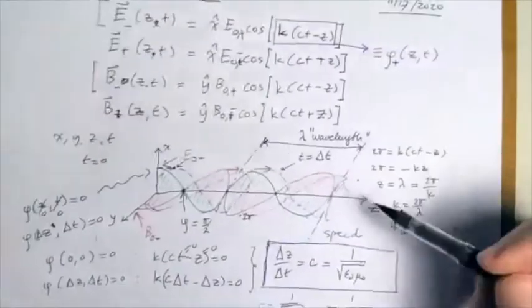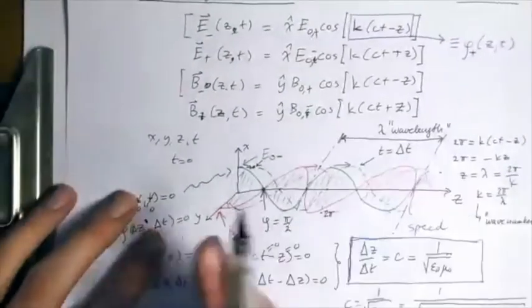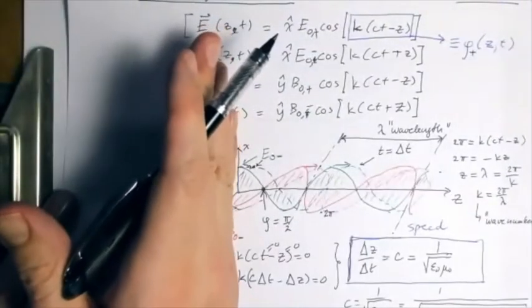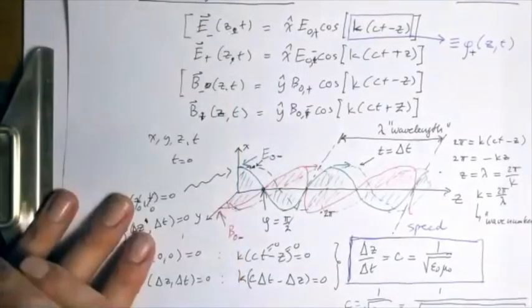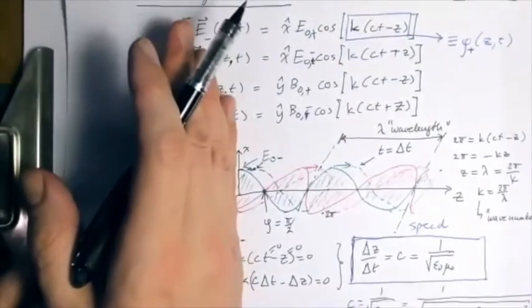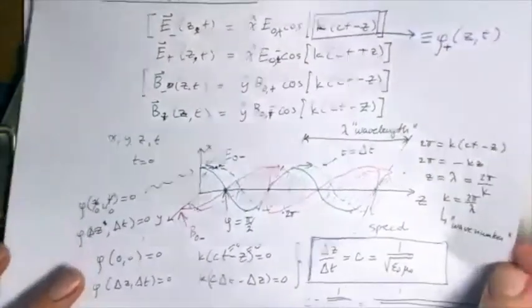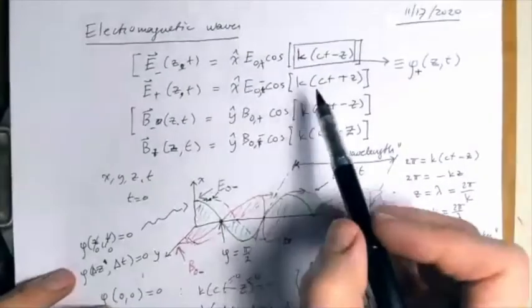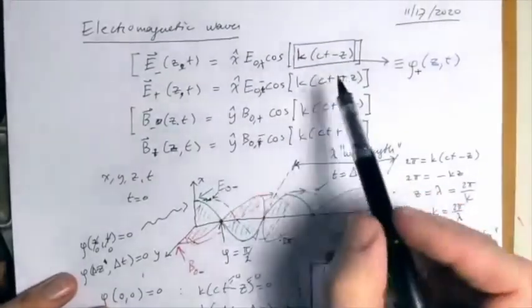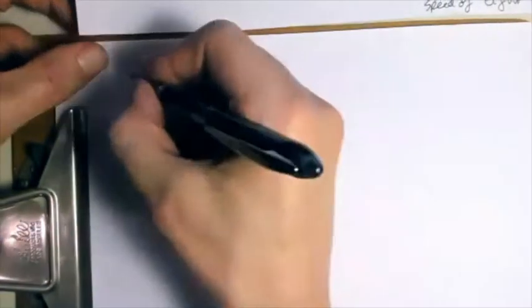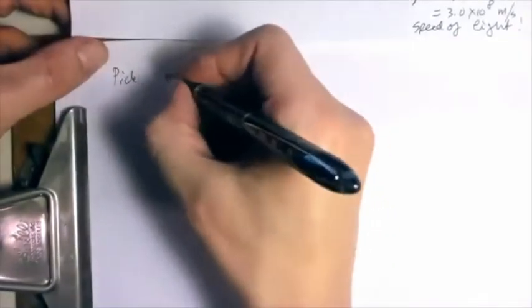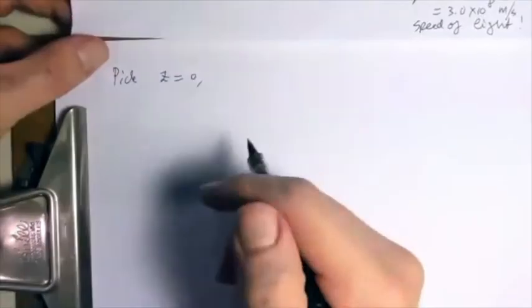Now let's talk about the periodicity as a function of time. So now imagine that you place a screen here, or somebody's just paying attention to what's happening, looking at the wave that is moving in this direction. We want to know what's happening when we pick a position z, and see what's happening with the E field or the B field. So pick z is 0.